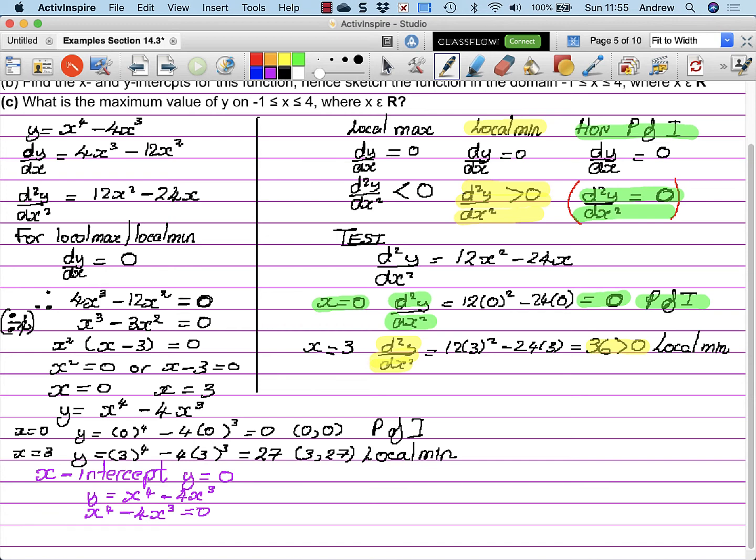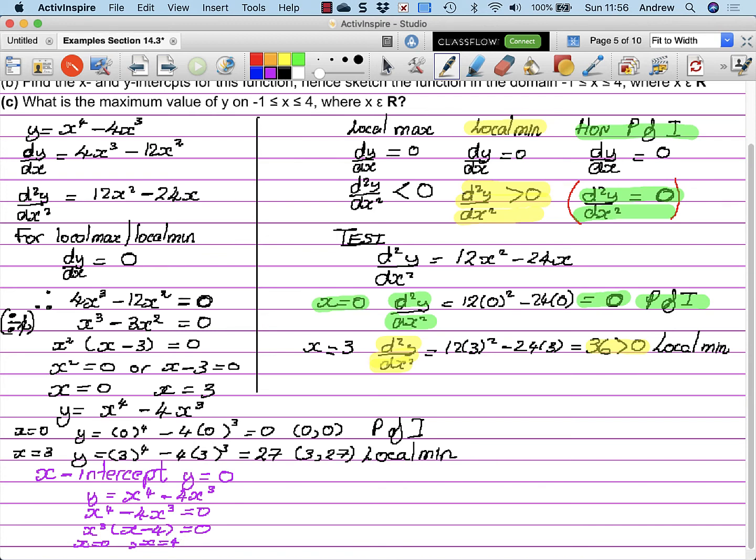So we're taking x cubed out as a common factor, and it's going to be x cubed on x minus 4 equal to 0. And what we have here is a triple solution, so we've got x equals 0, and we've also got x is equal to 4.